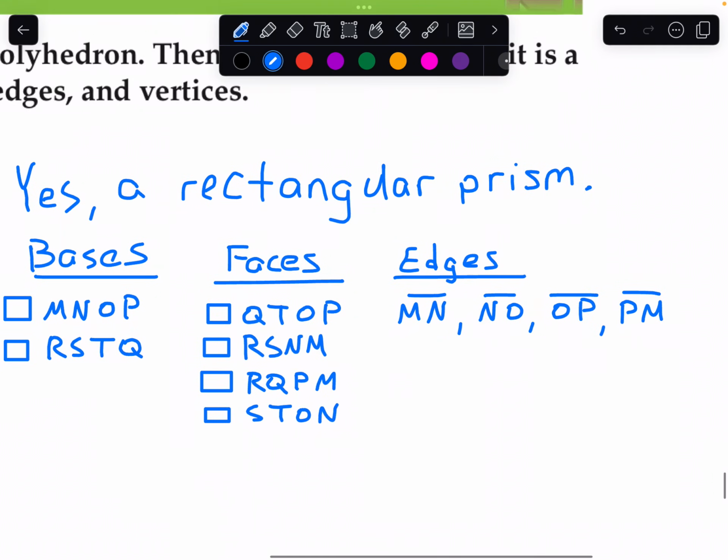And then on the top face, we'll have segment RS, segment ST, segment TQ, and segment QR. And I'm able to just read that off of the name of the base there.